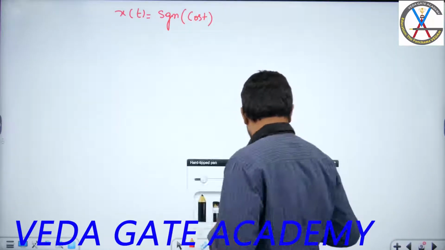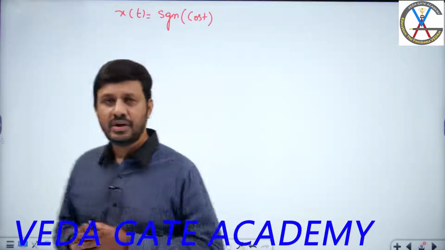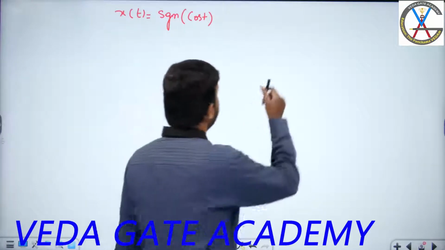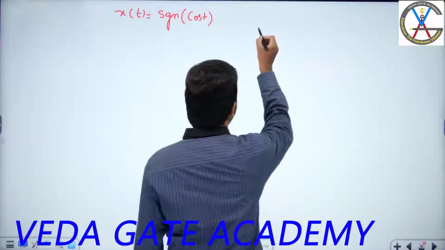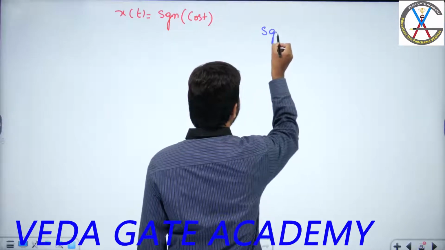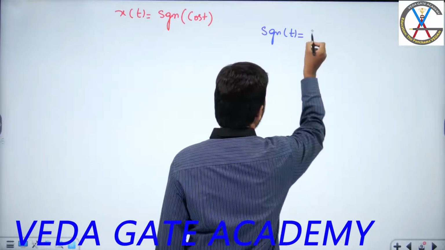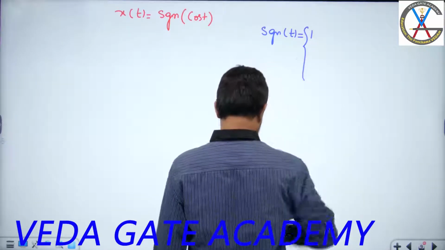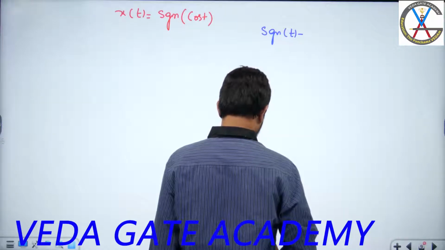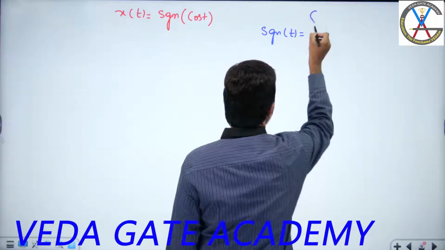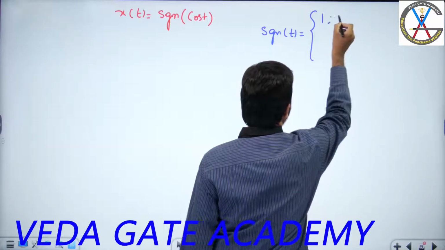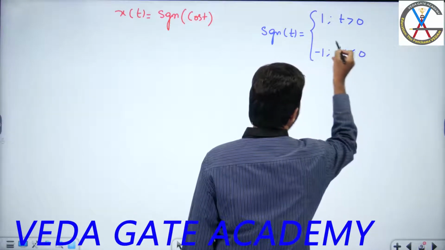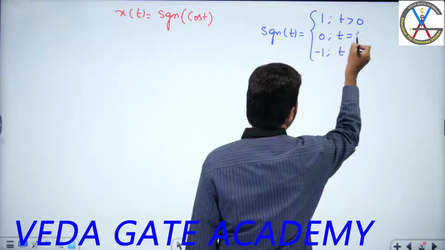If you want to draw the shape of signum of cos t, first of all you must be familiar with the definition of signum function. Signum t, how are we going to define? Signum t is 1 for t greater than 0, minus 1 for t less than 0, and 0 at t equal to 0.